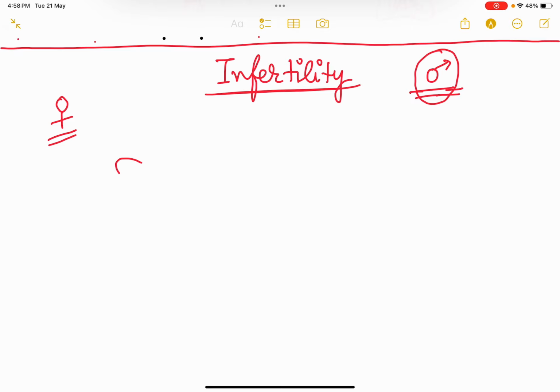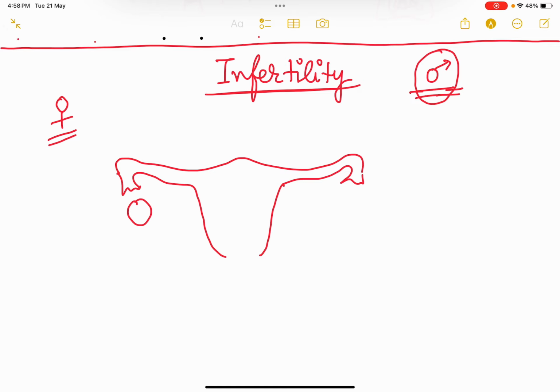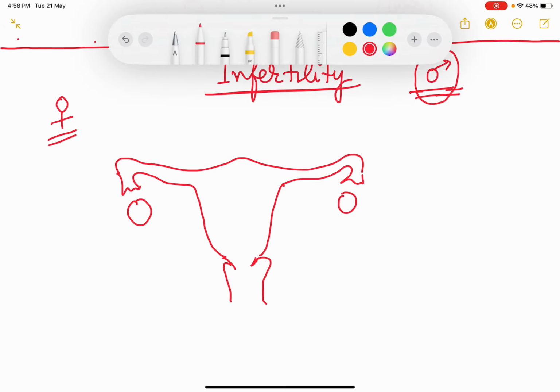So, in female infertility, if you consider the female genital organs, you have the uterus, the fallopian tubes, the ovaries, and then the cervix and the vagina outside. So, infertility can be in various parts of the genital organ, that is, it can be in the outlet. So, there can be outlet obstruction which can lead to the sperms not traveling upwards.